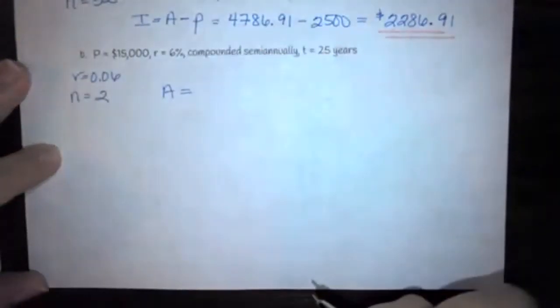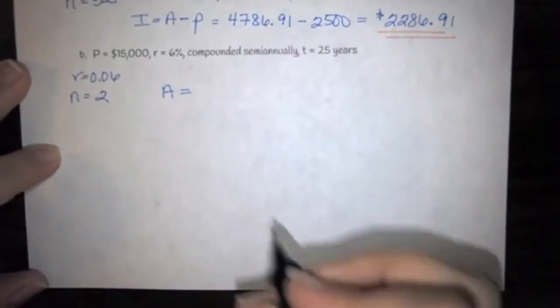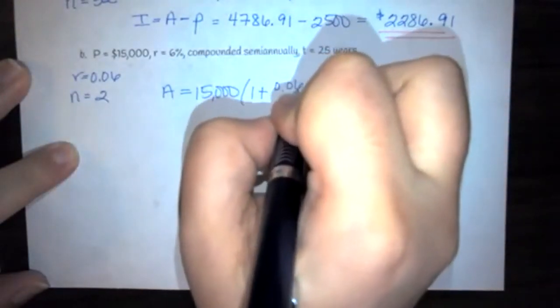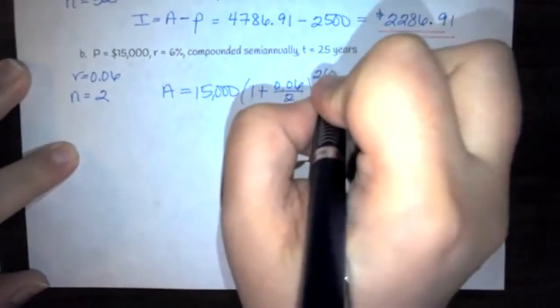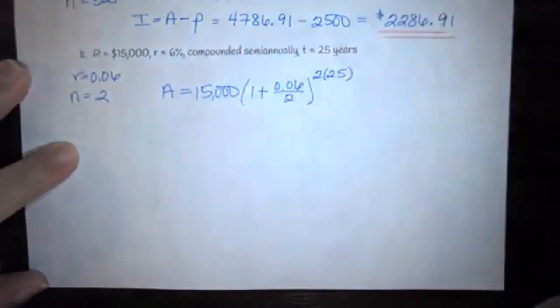So again, the first thing I need to do is calculate the amount of money that has been earned. So this time I have $15,000 going in times 1 plus 0.06 divided by 2, raised to the 2 times 25 years.